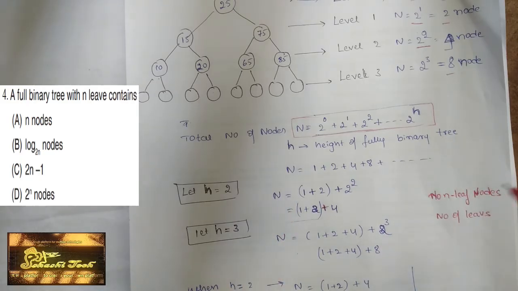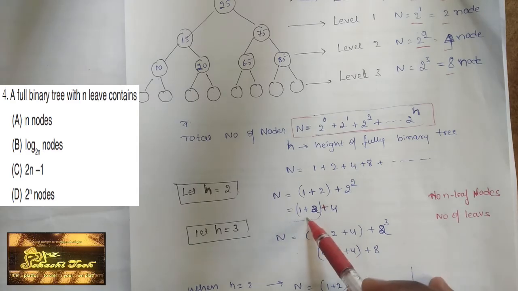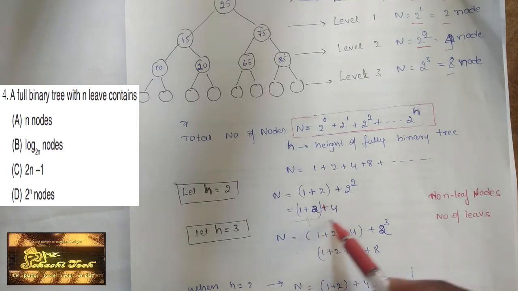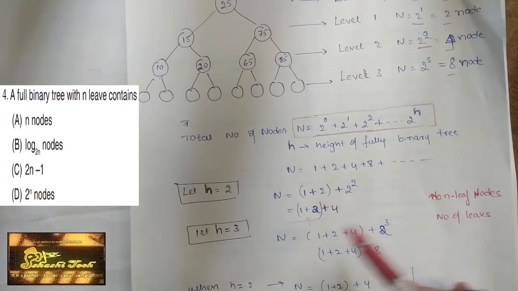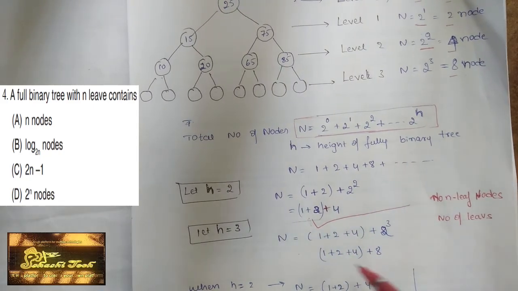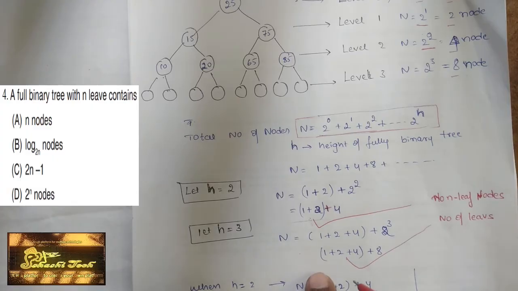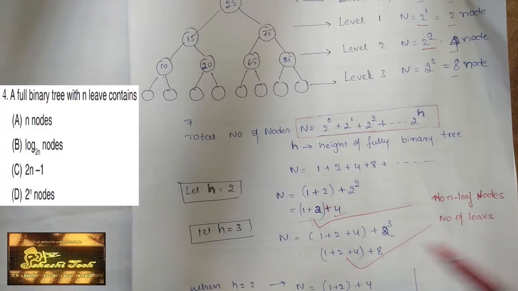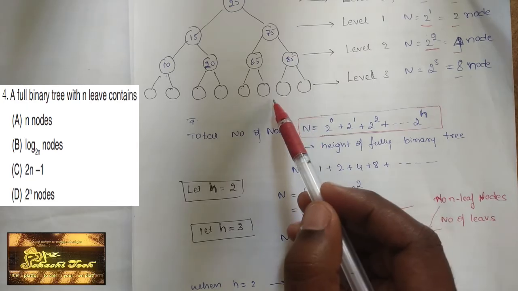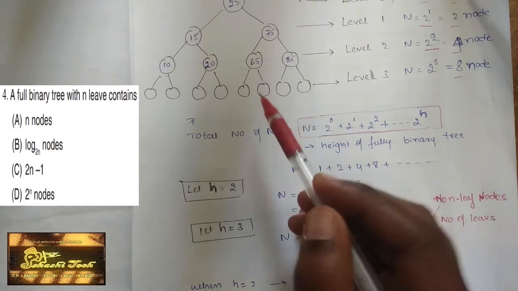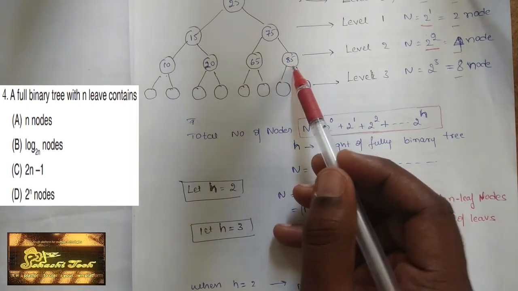You can observe here that 1 plus 2 plus 4 is the number of non-leaf nodes, and here 8 is the number of leaves. These are the leaves and these are the nodes.